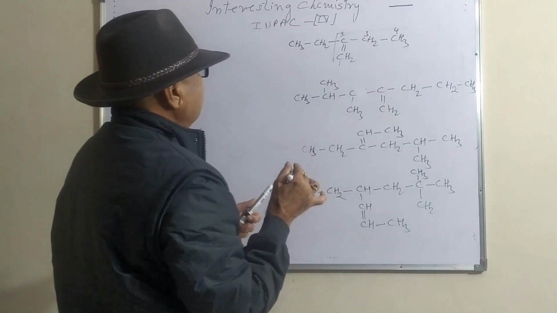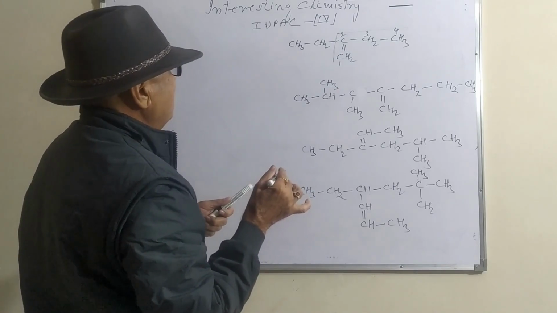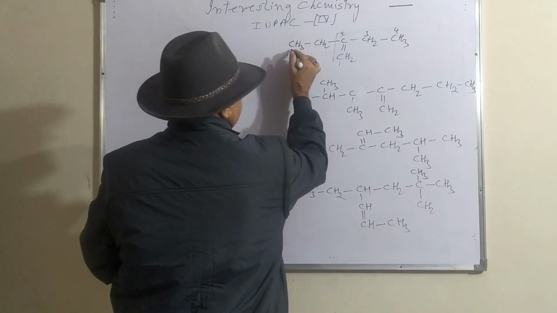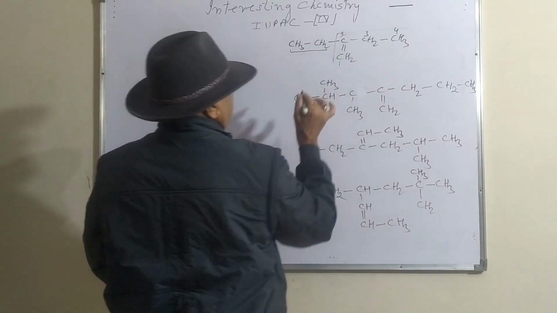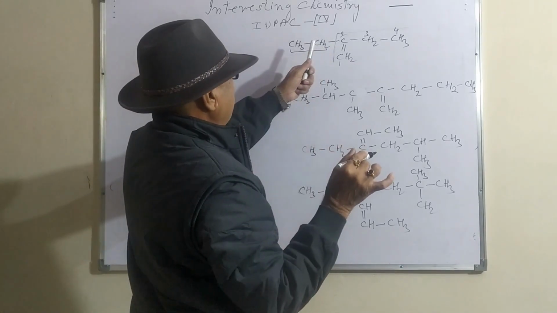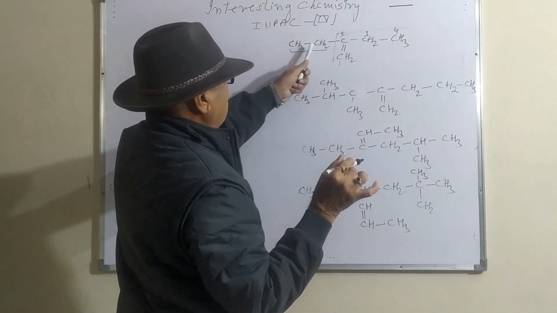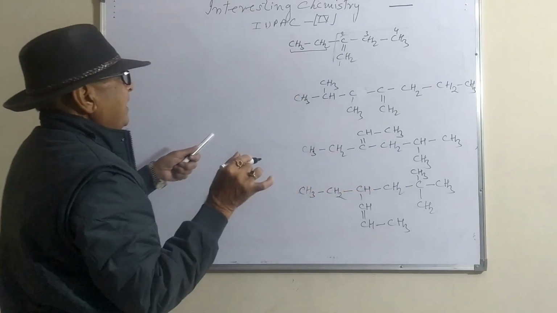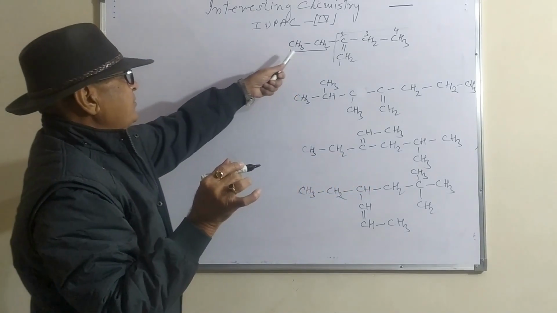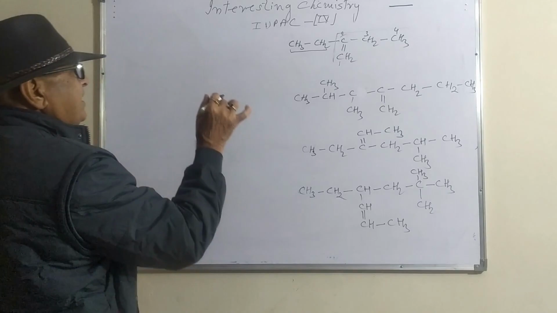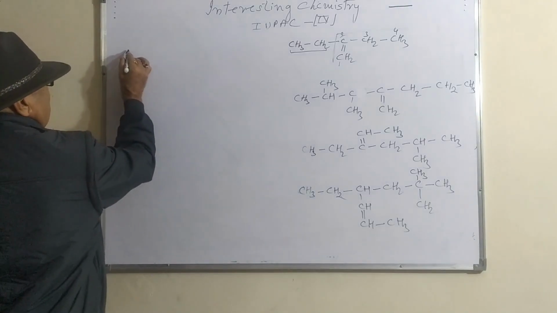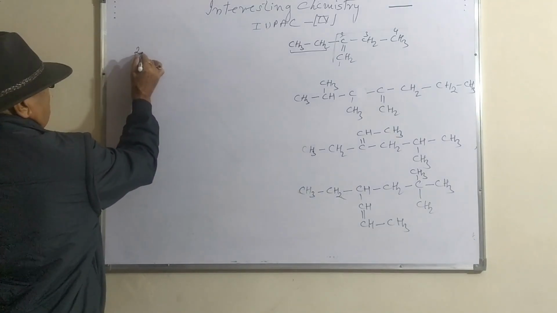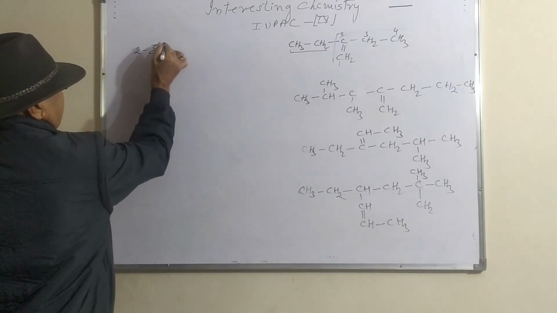Here, this group is attached to the second carbon. The name of this group will be ethyl, and it is attached to the second carbon. You will write the name of this compound as 2-ethyl.